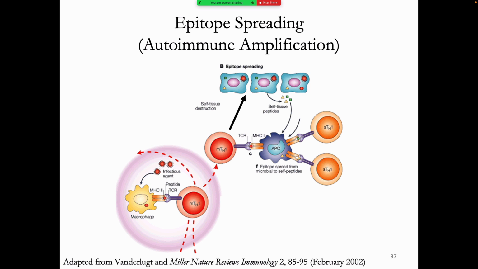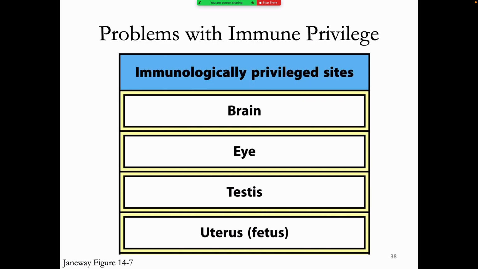But there are some problems with immune privilege. So if you look at what I'm telling you here about immune privilege, what's the obvious problem with the classic model of immune privilege, as I told it to you? Usually I tell people about immune privilege, and there's like, Dr. Barker, there's an issue here.